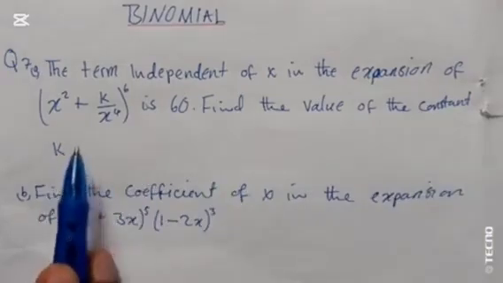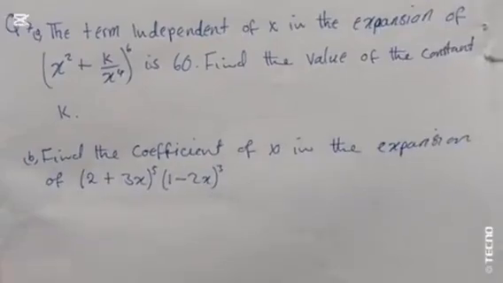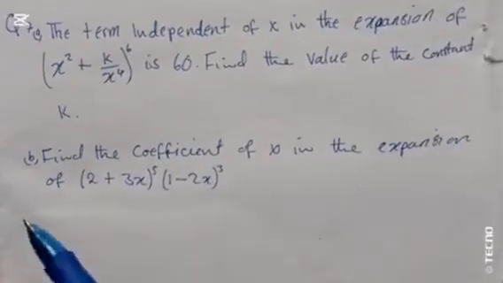To answer this one, what we need to know is the quick formula where we use the term at which this one is going to be independent.